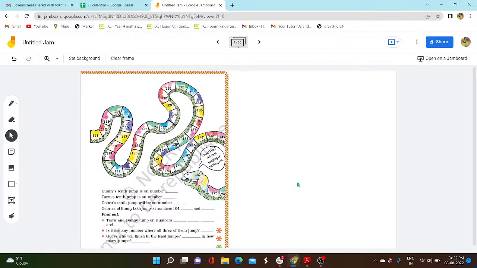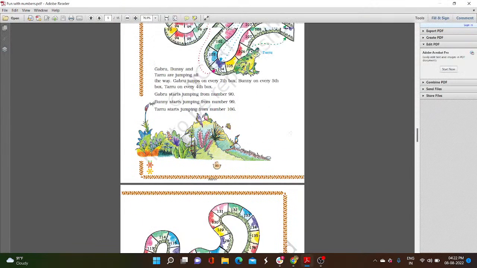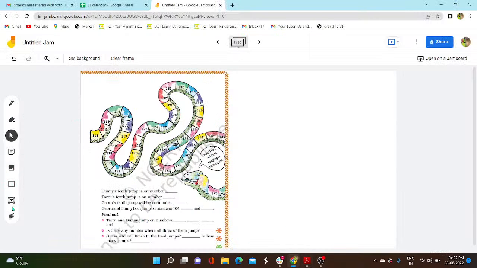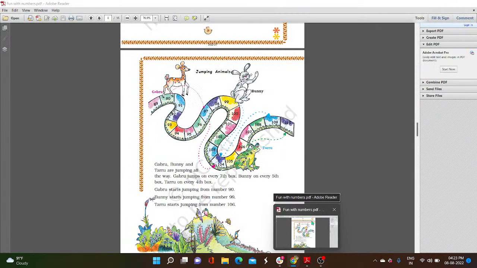Now if we look at the number from where they all have started, Gabru has started from 90, Bunny 99 and Taru 106.